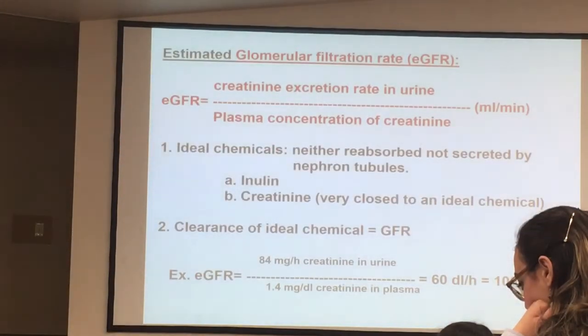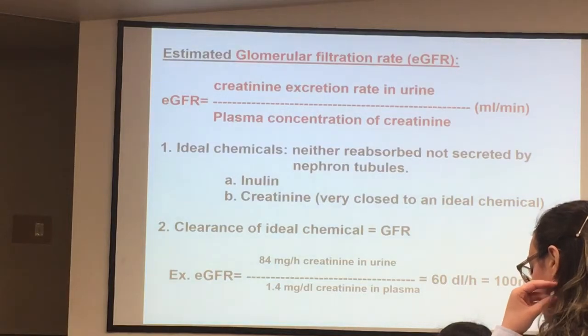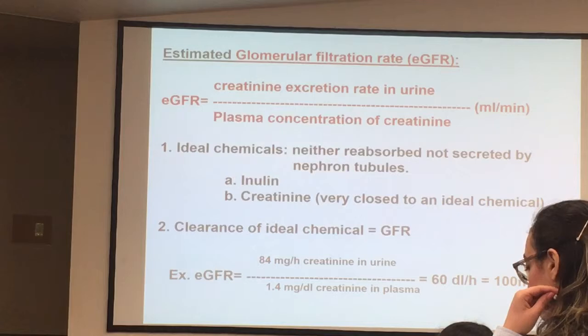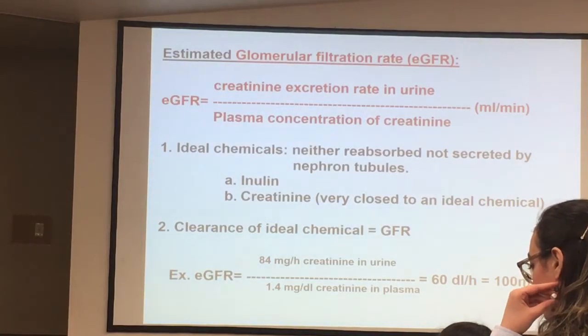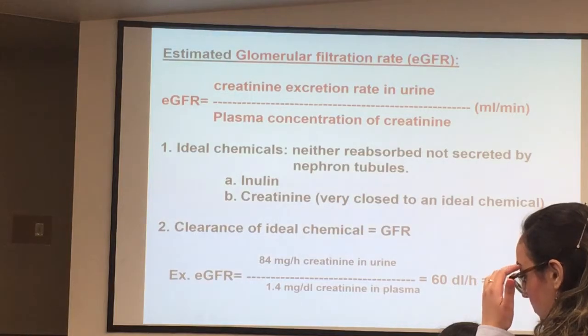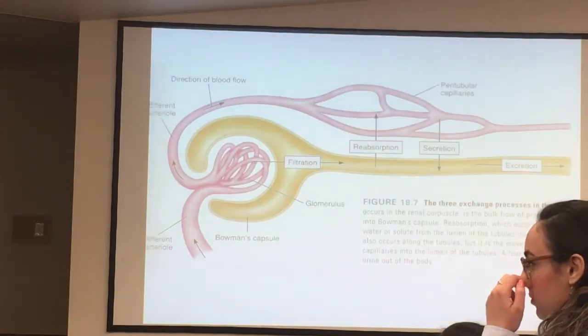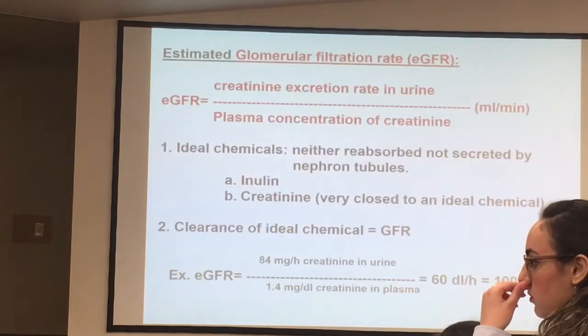So roughly every minute, our kidney sends out filtration, a fluid volume of roughly 100 ml coming out every minute from all the nephrons. Okay? Now we have an idea like this.